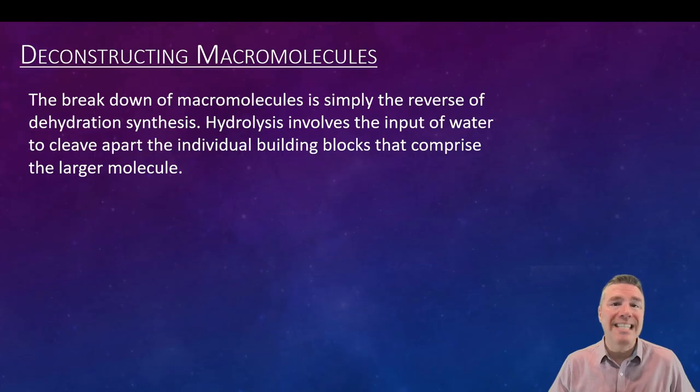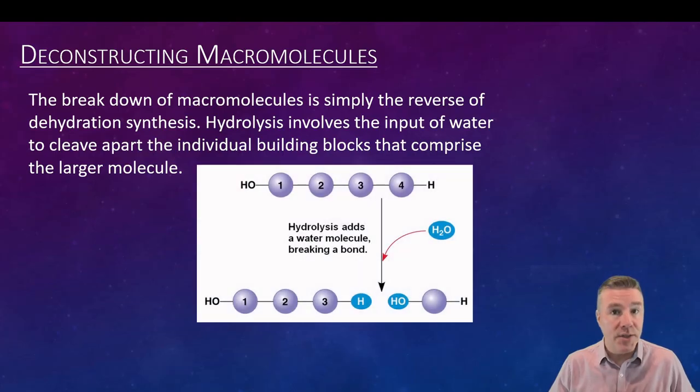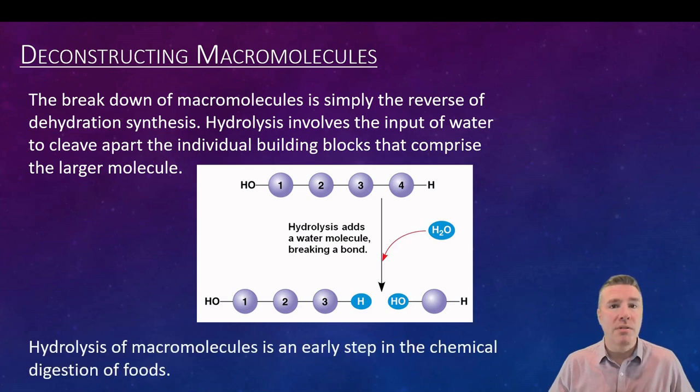Hydrolysis uses the deconstruction of water, H2O, to restore the hydroxyl group, thereby breaking the covalent bond holding the polymer together. The hydrolysis of macromolecules is one of the early steps in the digestion of foods. Both dehydration synthesis and hydrolysis are reactions that are catalyzed by a variety of enzymes, which we'll learn more about in a later unit.